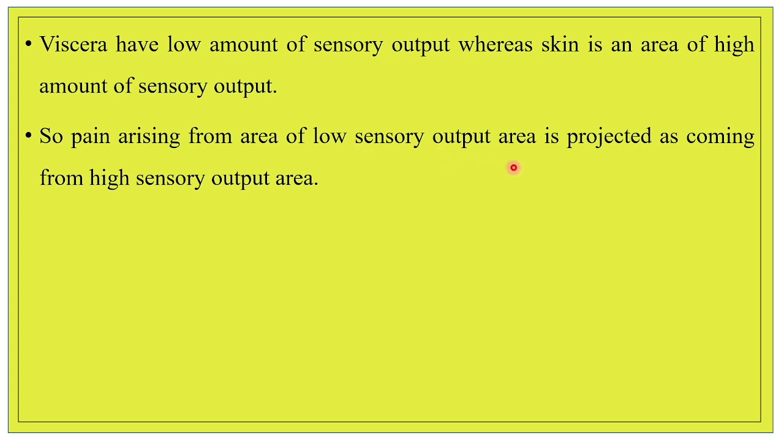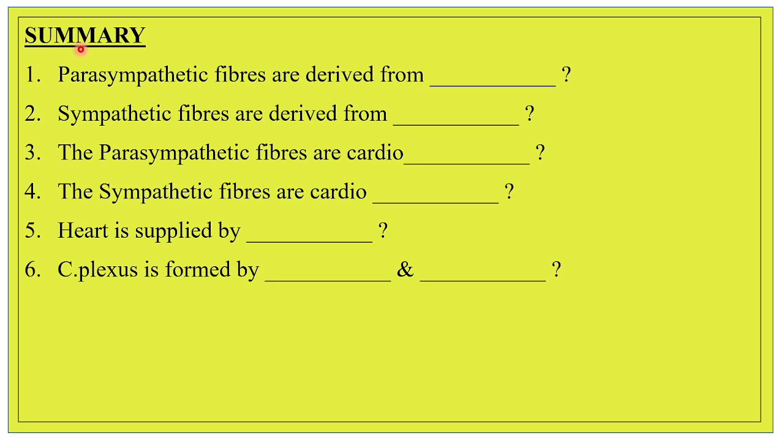That is why anginal pain is mainly referred to the medial aspect of both the arm and the forearm.